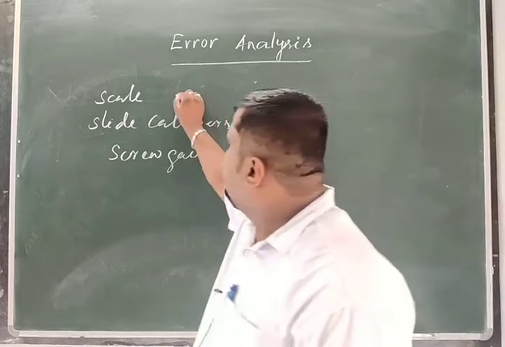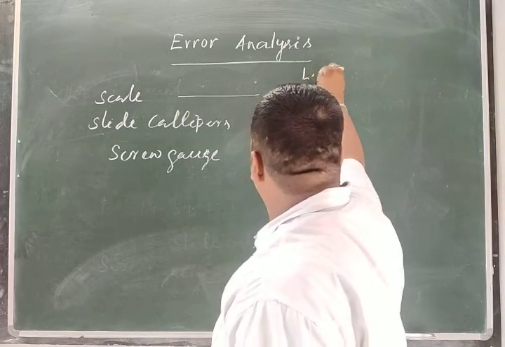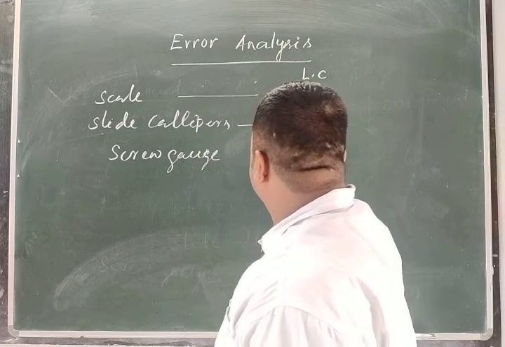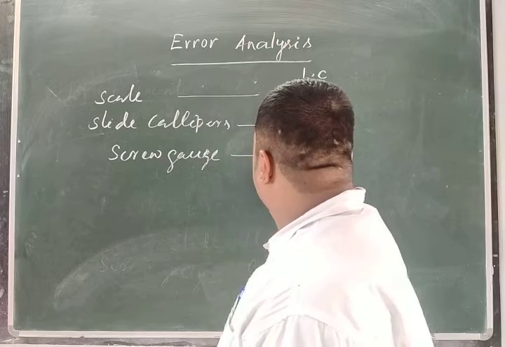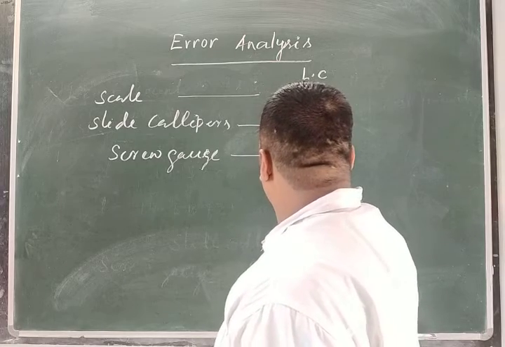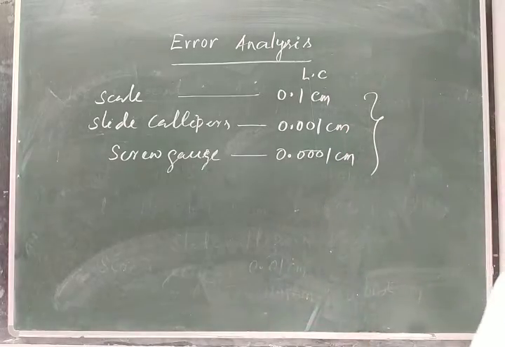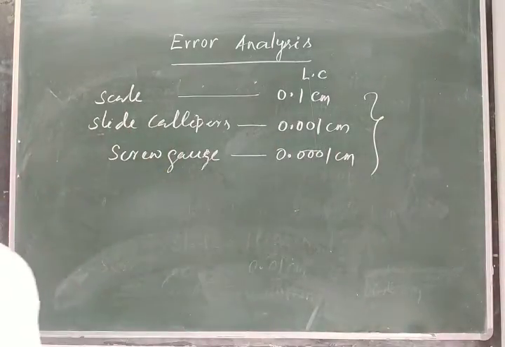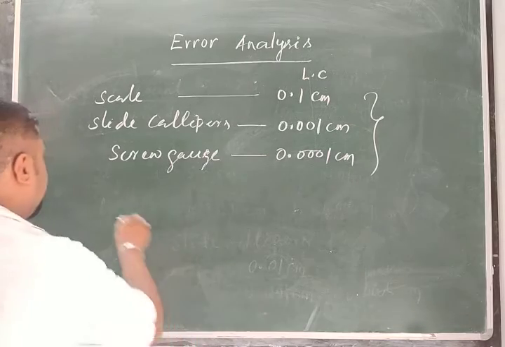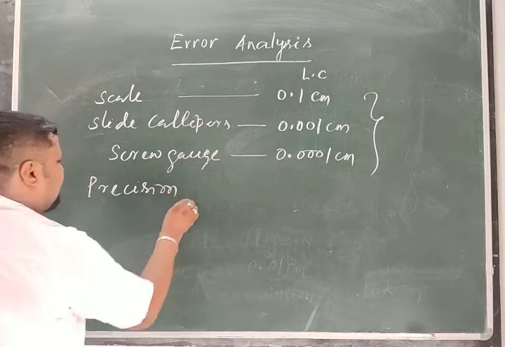So by this scale the least count is 0.1 cm, which means this is the lowest measurement. By a slide caliper it is 0.01 cm, by a screw gauge 0.001 cm. So these are the least counts.